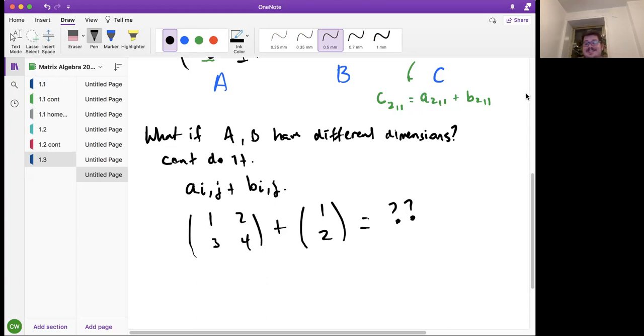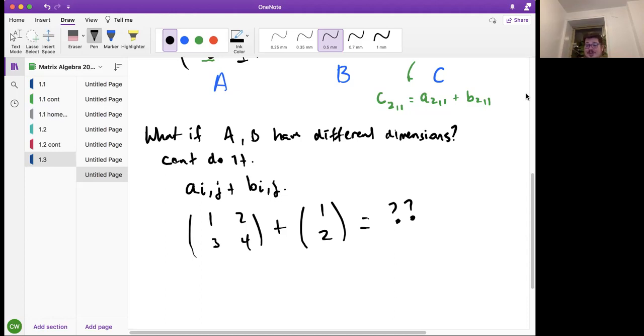But it's not true for other operations. So for multiplication, you can in fact multiply matrices of different dimensions. There's a specific condition on what the different dimensions should be, but it's only true for addition that they must be the same dimension. For multiplication, there are some dimensions where you can't even multiply, even if they're the same dimension.